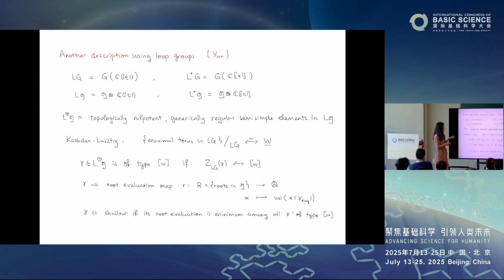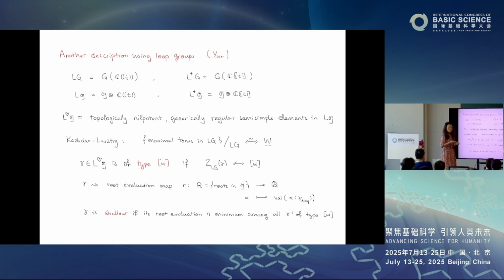And then one can also consider a so-called root evaluation map. This is a map defined on the set of roots of G and takes values in rational numbers. So you just pick a root, and then up to taking some extension, you can conjugate gamma to a fixed torus, corresponding to the definition of the root system. And then you take the value of alpha on this point and look at its valuation.